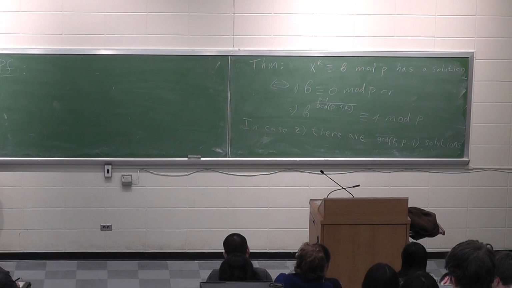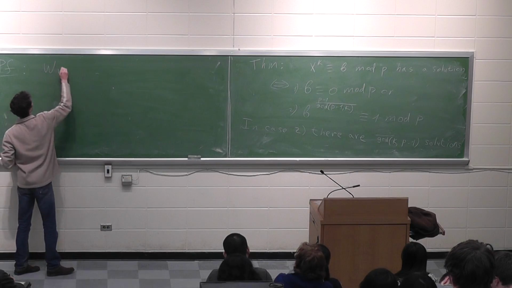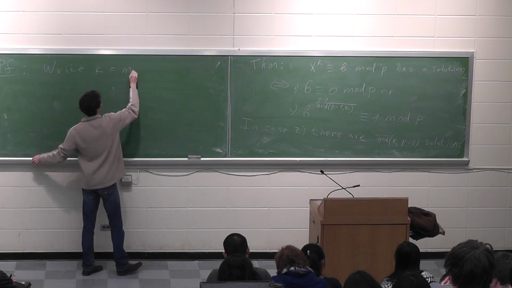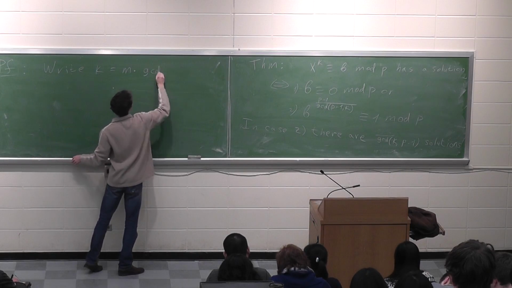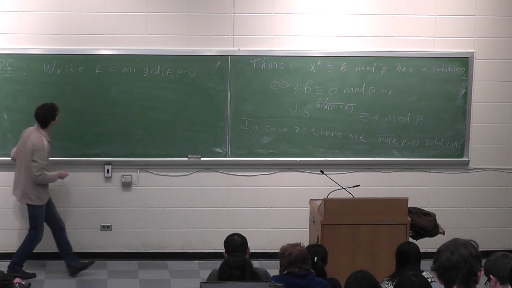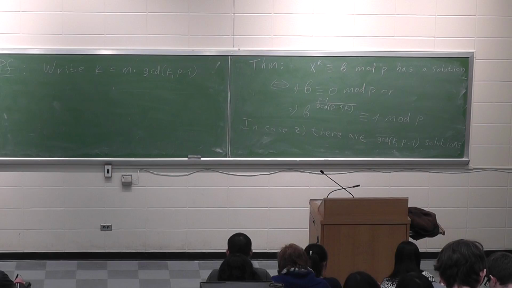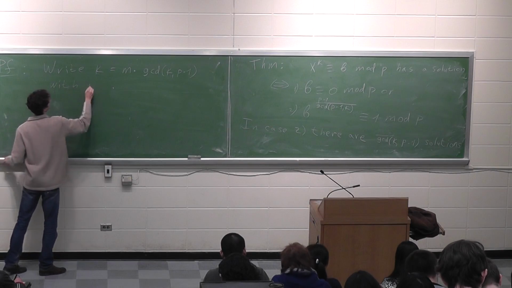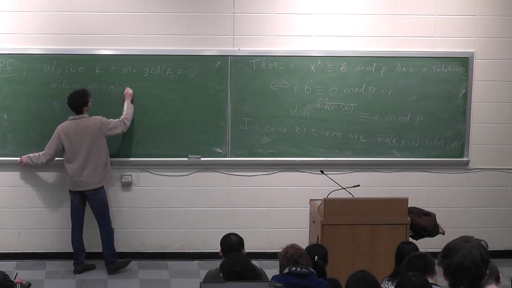So let me do it like this. I will write k as m times gcd of k and p minus 1, with m relatively prime.